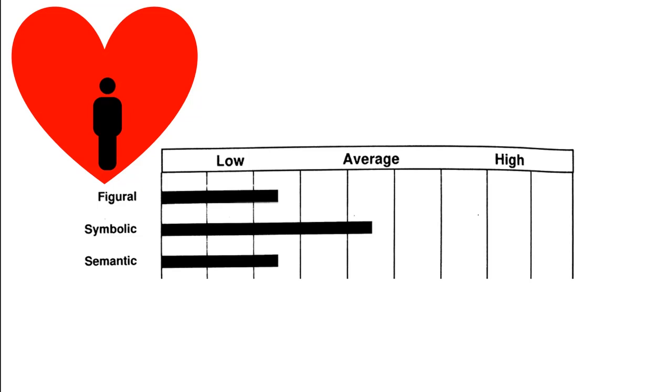They usually have the strongest bar. That black bar is usually the strongest and the highest in symbolic, and usually their semantic score is lower than that. Now remember, a symbolic learner loves symbols, shapes, number systems, little math things, anything that can help them have a concept represented by some kind of symbol.